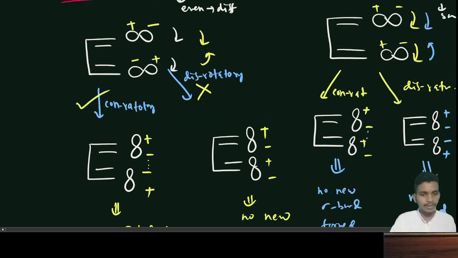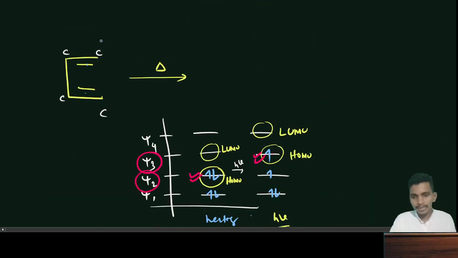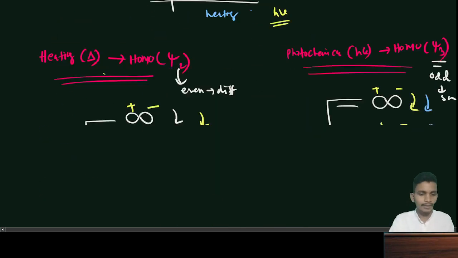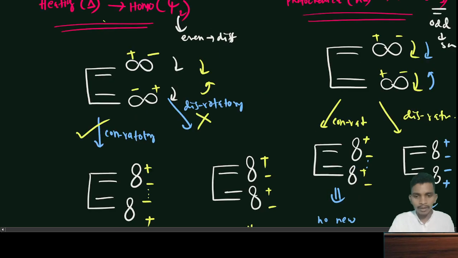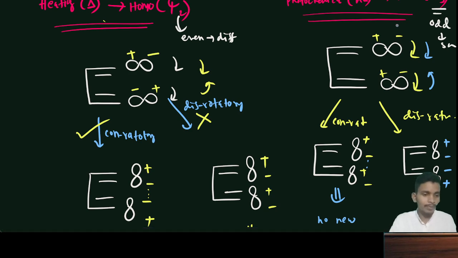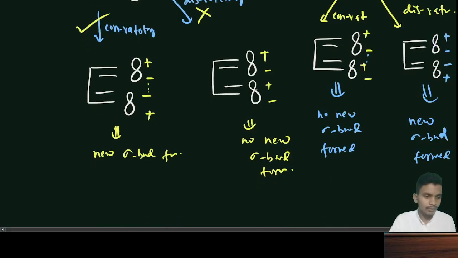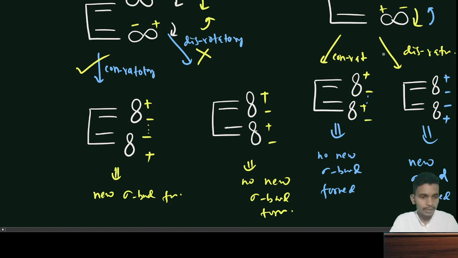So what we see is that on heating, conrotatory gives the bond, and for photochemical conditions, disrotatory gives the bond, while here we are not getting the bond.